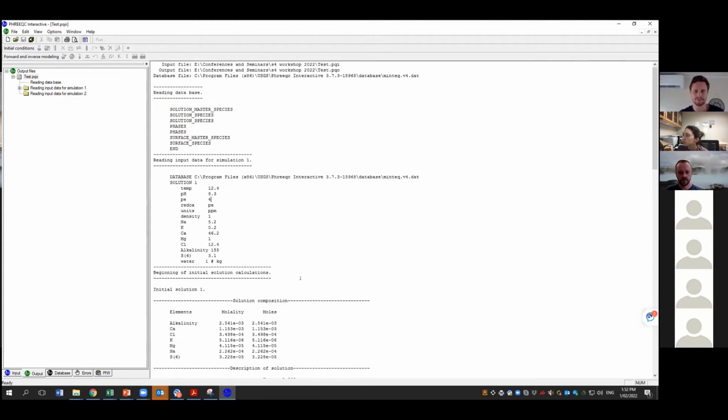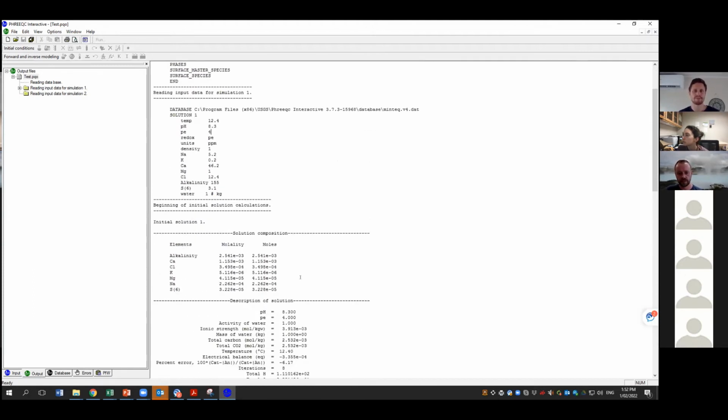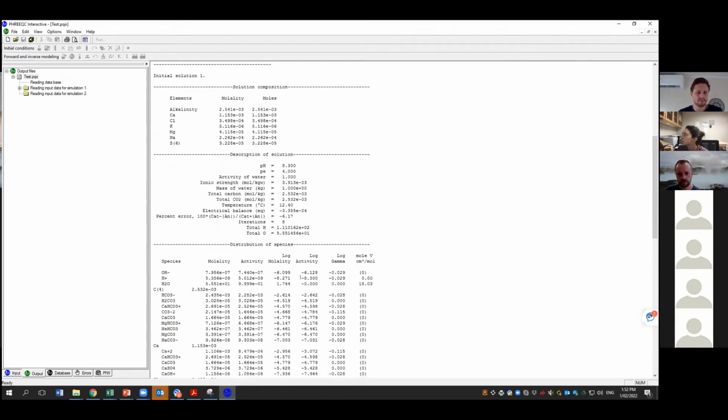So that's the initial input data, and then scrolling down, it's identifying the composition of the solution and calculating it out in molar values. So we gave it ppm values, but it's calculated it into moles. And this is one of the things that doing geochemical modeling is quite handy for, is it saves you from doing conversions, it saves you from making mistakes in these conversions. So it's quite handy in that respect.